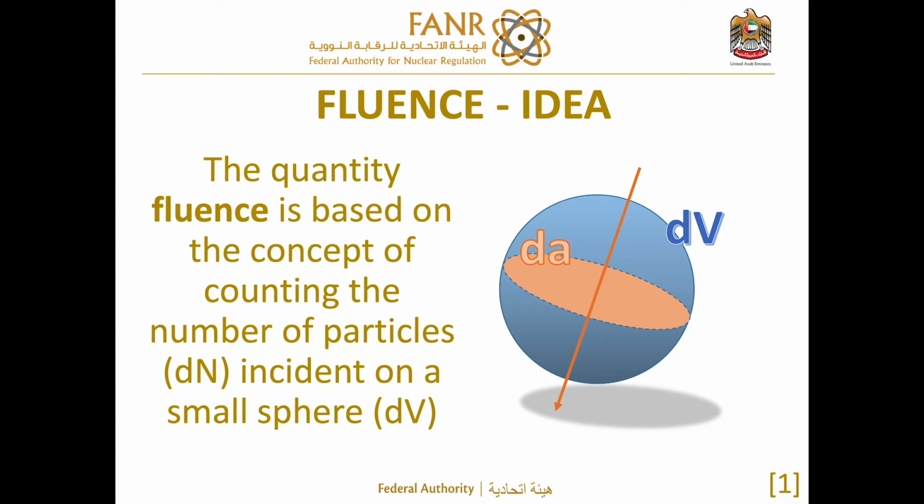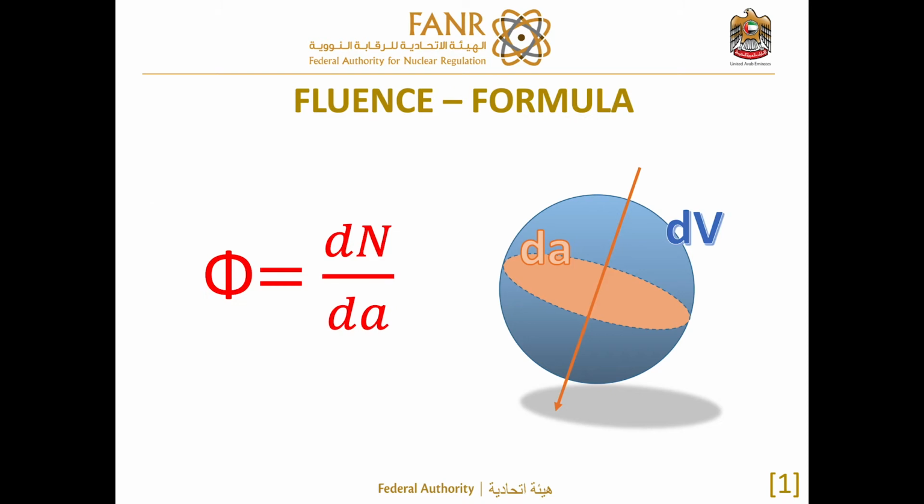We call the ratio between the number of particles and the area dA the fluence of particles. So this is the mathematical formula. Fluence, which is indicated by the Greek letter phi, is the ratio between dN and dA, where dN is the number of particles which are crossing perpendicular to dA, and dA is the area of that surface.